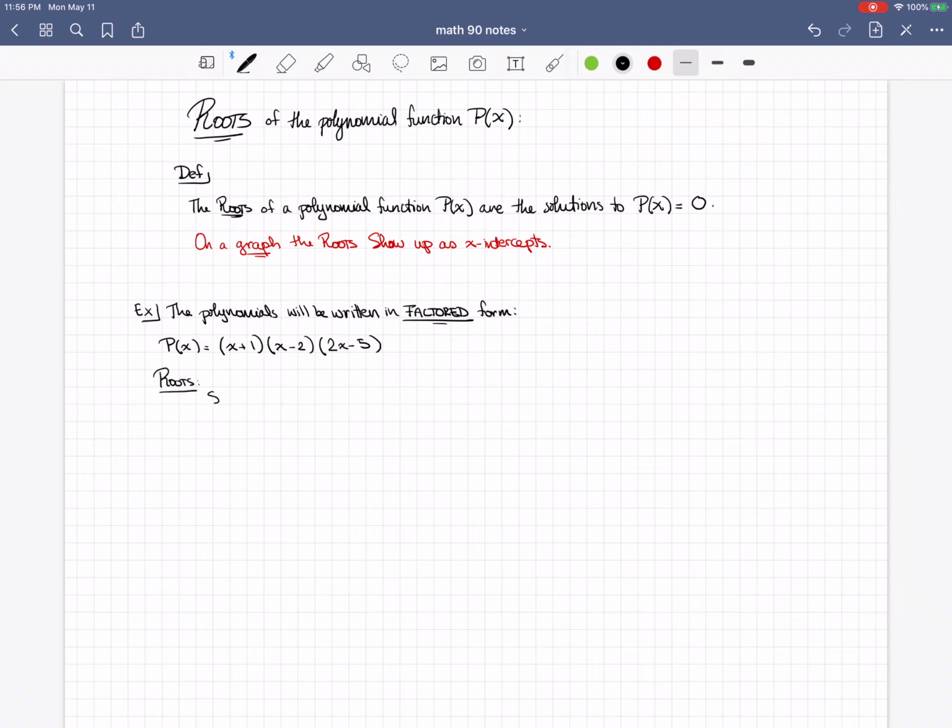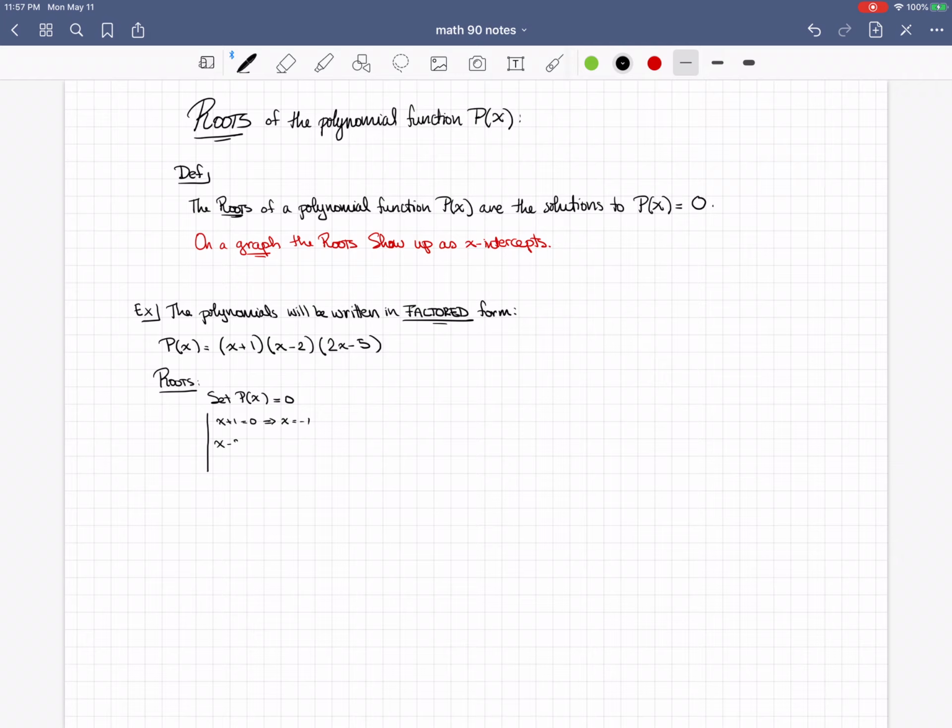Okay, so we're going to set p of x equal to 0. And we remember that in order for the product to be 0, the factors have to be 0 one by one. So either x plus 1 is equal to 0, or x minus 2 is equal to 0, or 2x minus 5 is equal to 0. So I'm going to write that out. If x plus 1 is equal to 0, then x is negative 1.